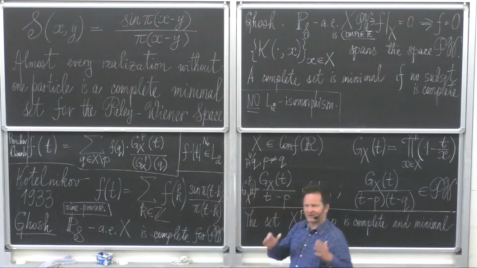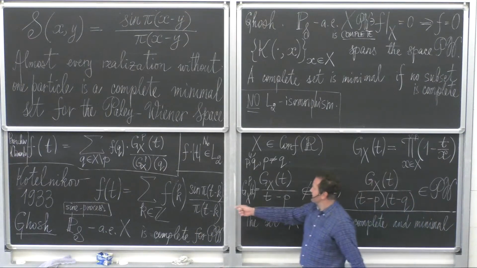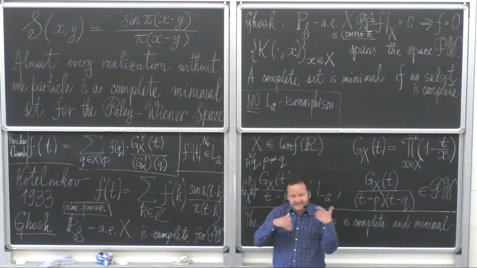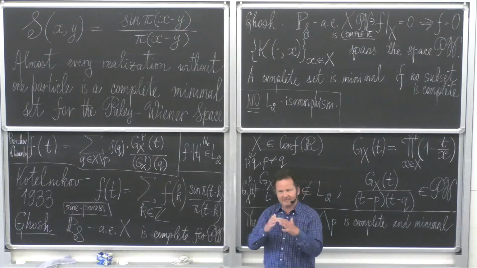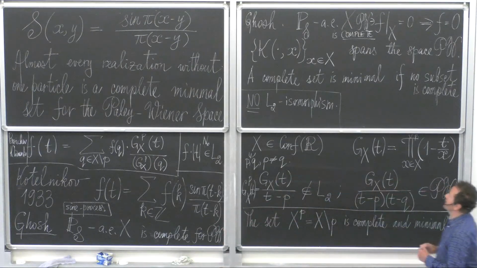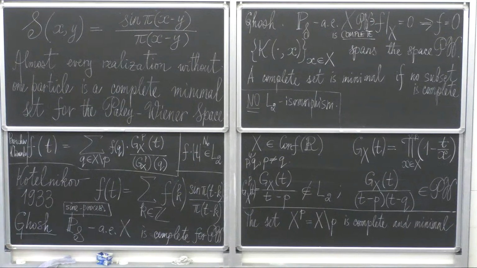So this convergence is destroyed by randomness. The randomness makes this series divergent. This is the point of the theorem. Okay, so this much for this example.